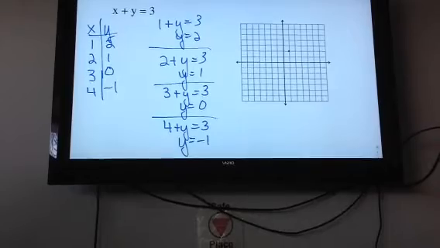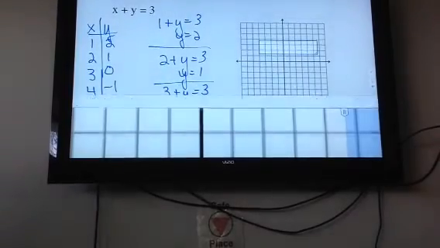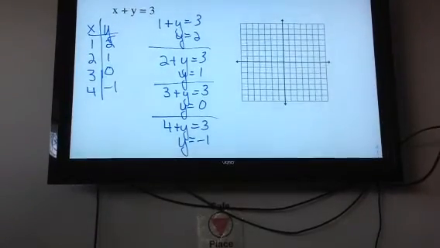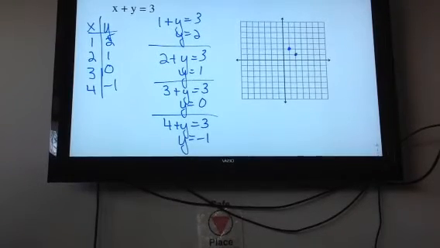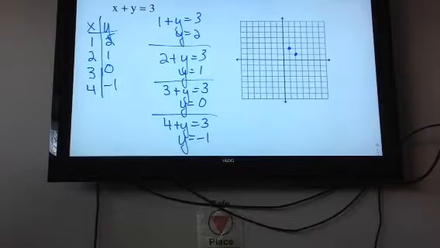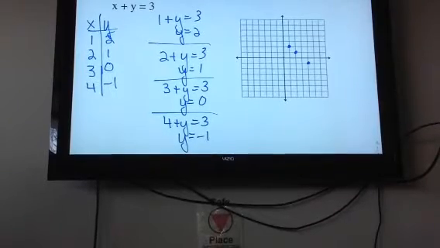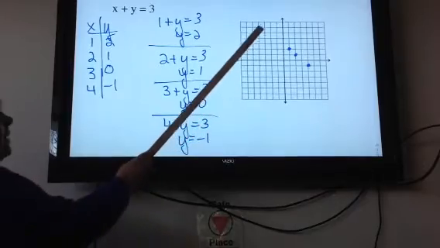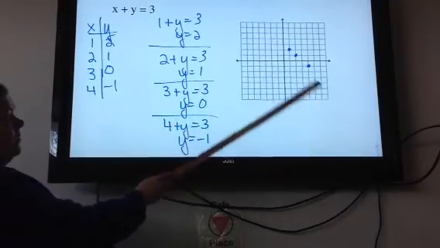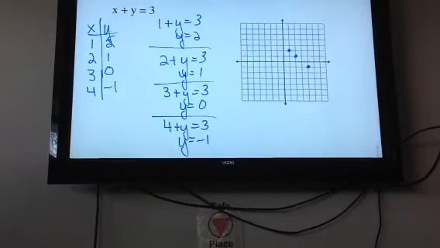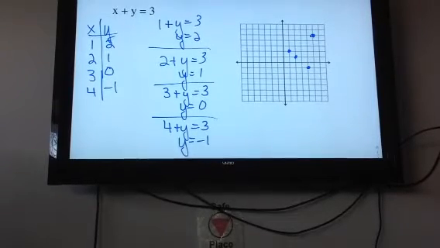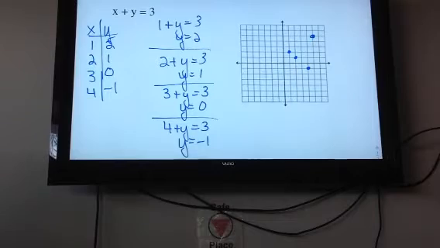So 1, 2. 2, 1. And 4, negative 1. 1, 2, 3, 4. You'll notice that my points, when I draw my line, are going to connect just fine. If you get a point, because I've seen it happen, like way up here, that something's wrong. These are linear equations.